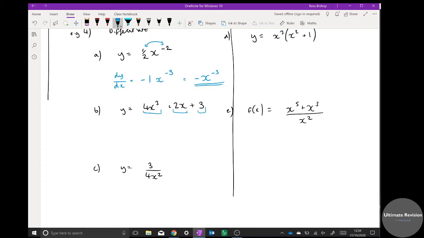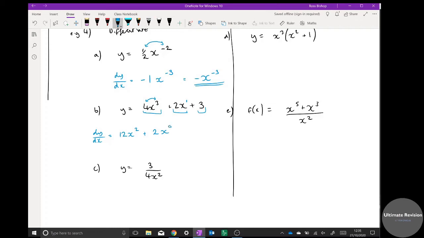But what we do is we just differentiate each term individually, so it's no different. So the first one, 4 times 3 is 12x, and I reduce the power by 1, which is 2. Now, when it's just a 2x, that's like having a 1 in front there. So it's going to be 2 times 1, which is just 2x, reduce the power by 1, and I get x to the 0 there.